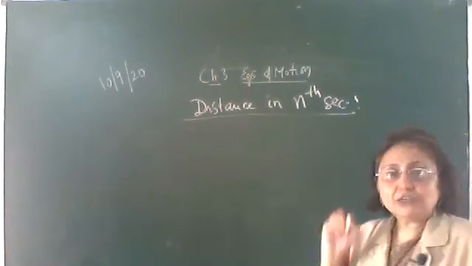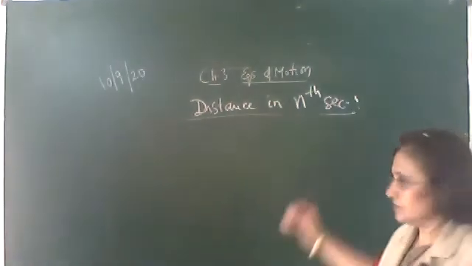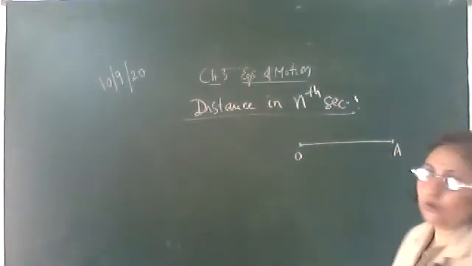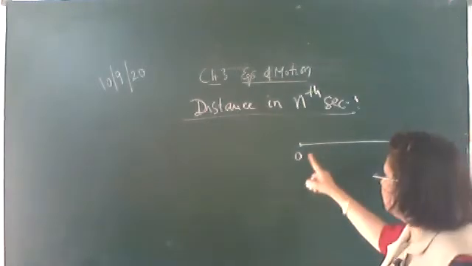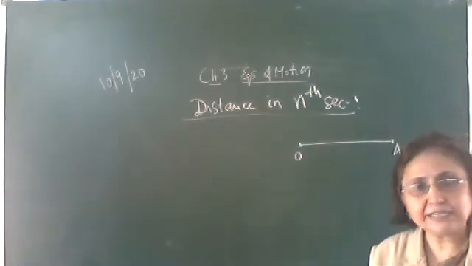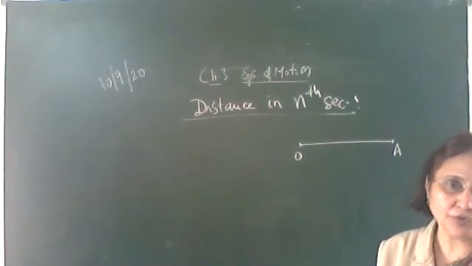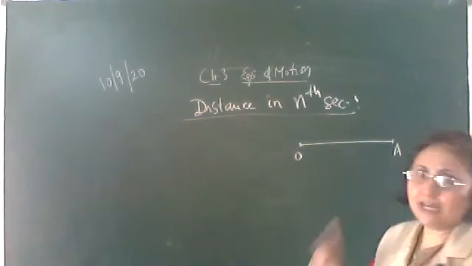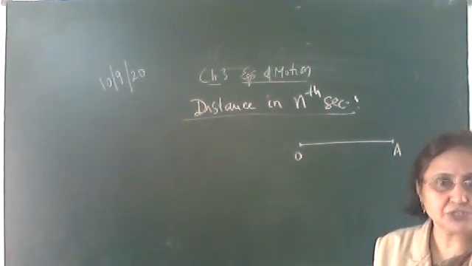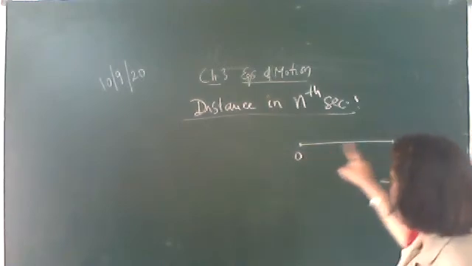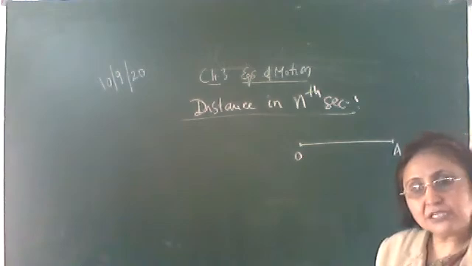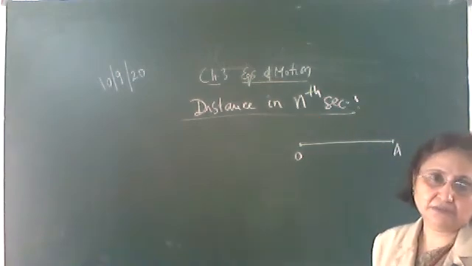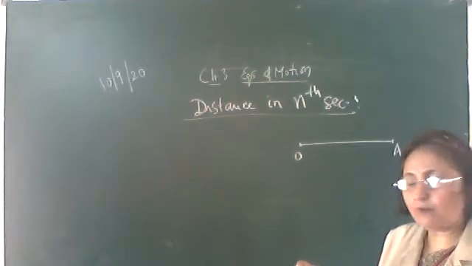Suppose we are finding out the distance traveled in 7 seconds. Let the particle travel from O to A in 7 seconds, that is 0 to 7 seconds. Now when you use the formula S is equal to ut plus half at square, substituting t is equal to 7, you will get the distance from O to A. But if you have to find out the distance traveled in the 7th second, that is in a particular second, how will you find out?